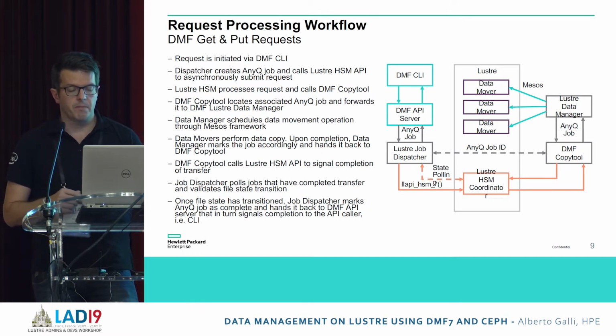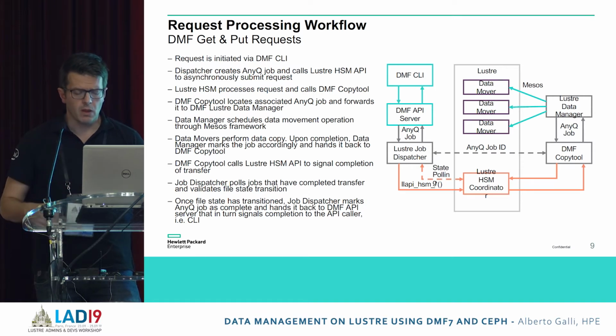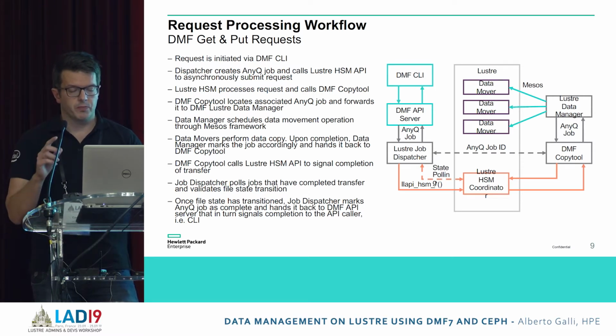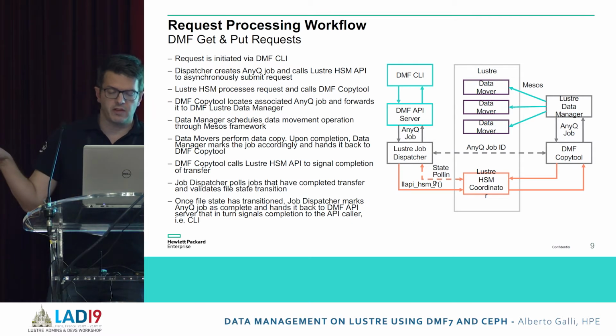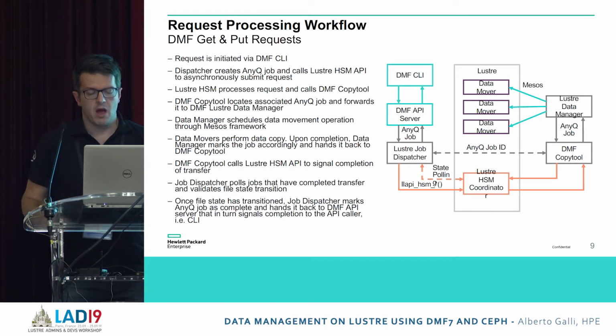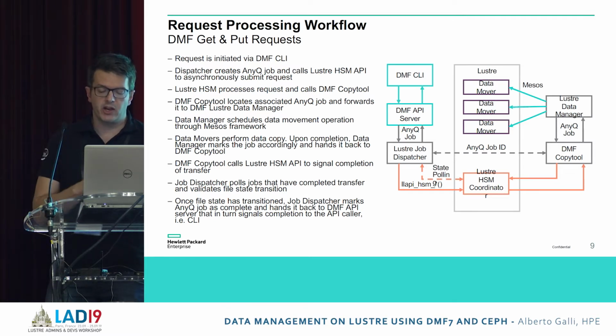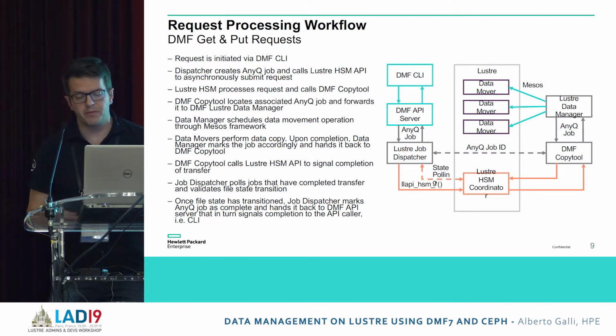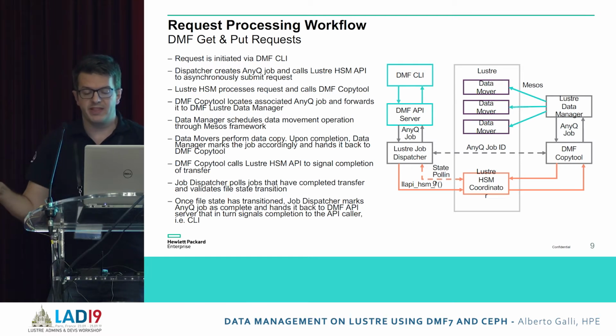Okay, so again, when you type a command on DMF, that's a direct interaction. You ask DMF to do something, which goes through the job dispatcher, which will spawn jobs, which the DMF copy tools will know about.